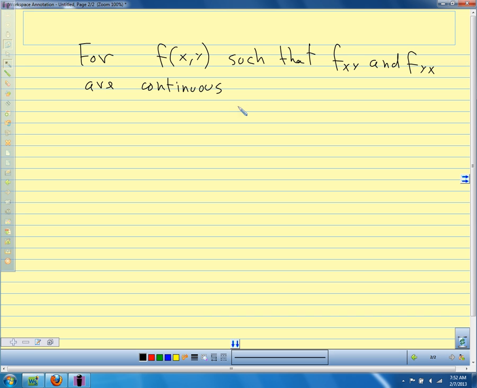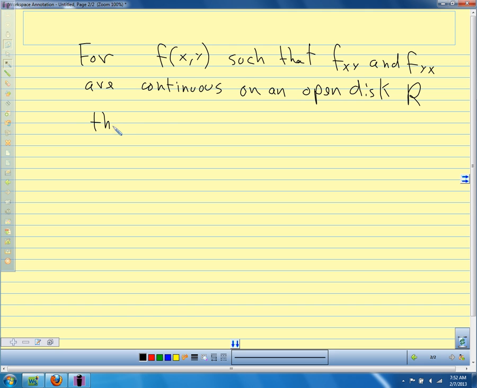So there's some area in some open disk where they're continuous.